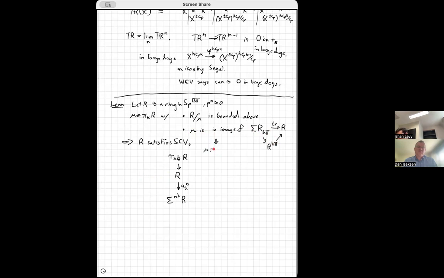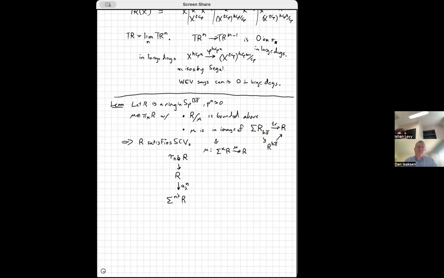Using this lift, you can get a map from the suspension K of R to R, which is a circle equivariant map, because you just choose the lift that you had and then map it to here.